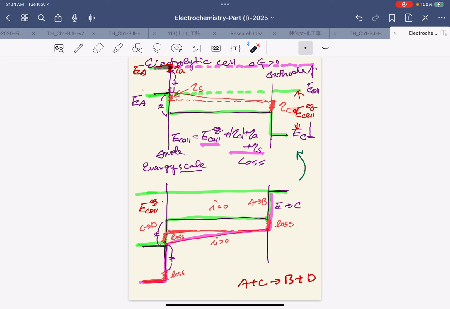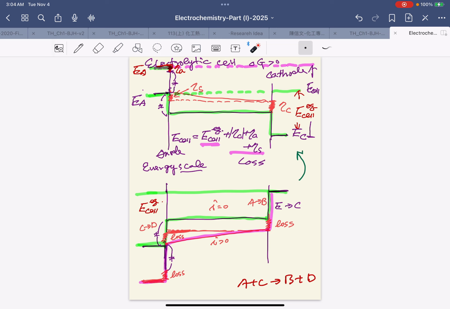So this we call overpotential, activation energy overpotential, cathodic overpotential. But in the solution, you also need to consider loss. Okay? And again, for the anodic part, the potential should be the same as for thermodynamics, but you need an additional one. So you will get here. So you need more potential drop.